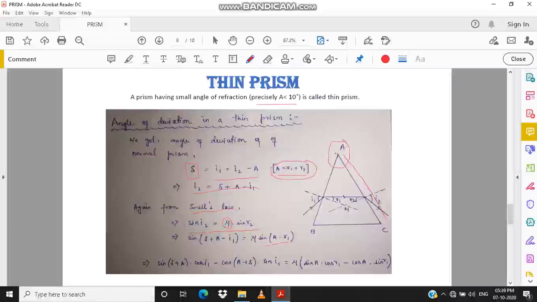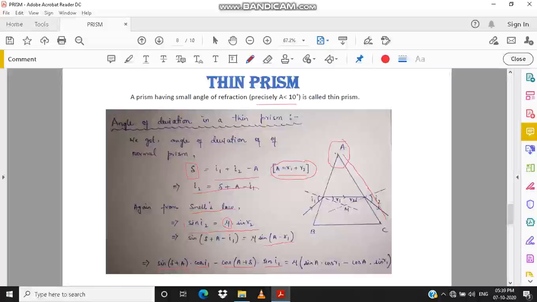Now what we will do is we will be using a trigonometric formula. What is that? Sine A minus B. Sine of A minus B is sine of A cos of B minus cos of A into sine B. This is a trigonometric formula.